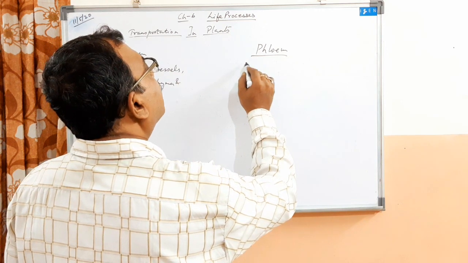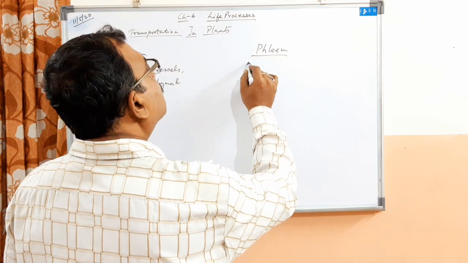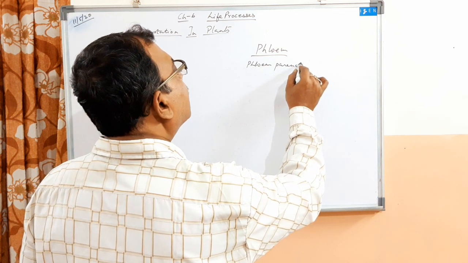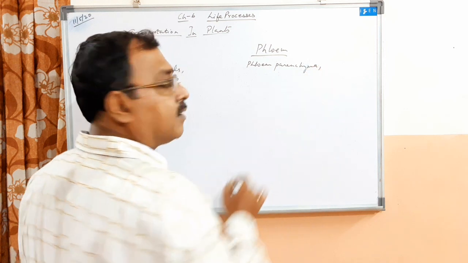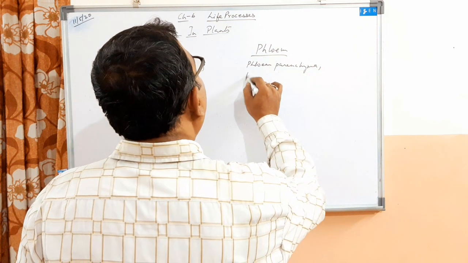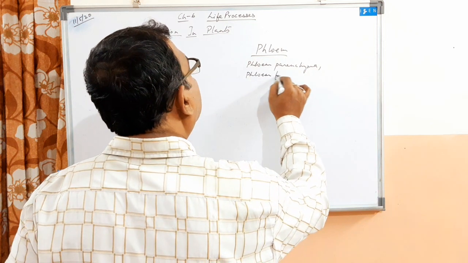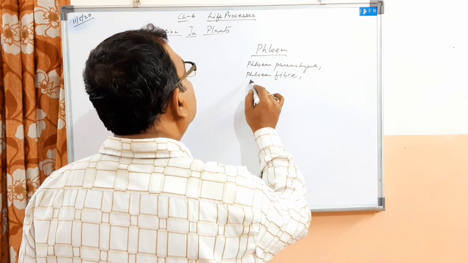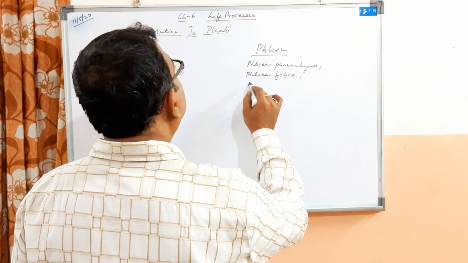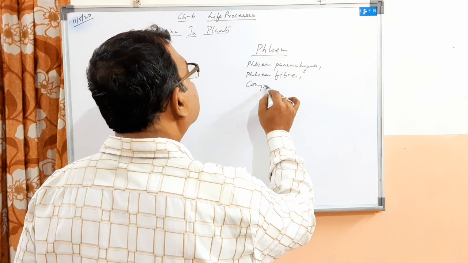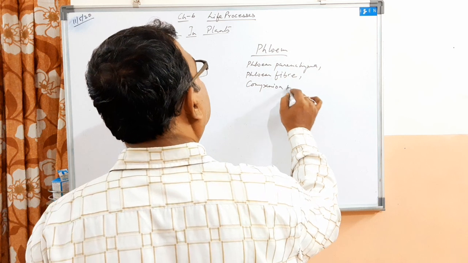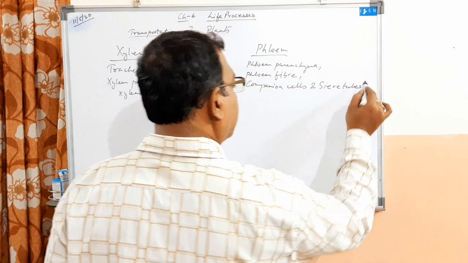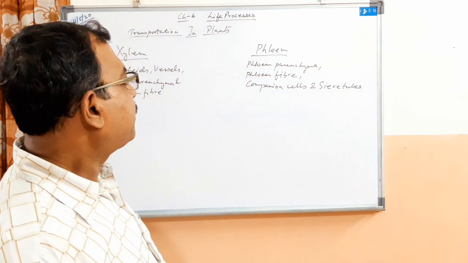They are the phloem parenchyma, phloem fiber, companion cells, and sieve tubes.